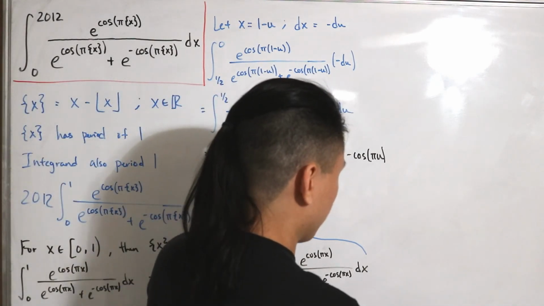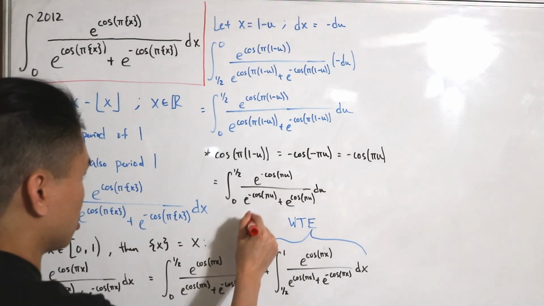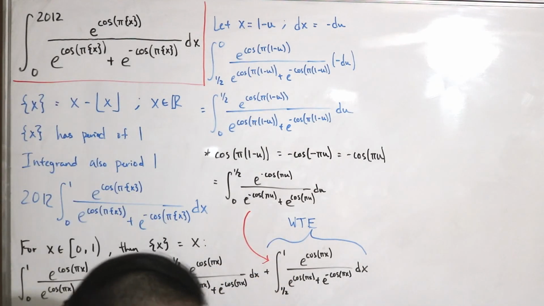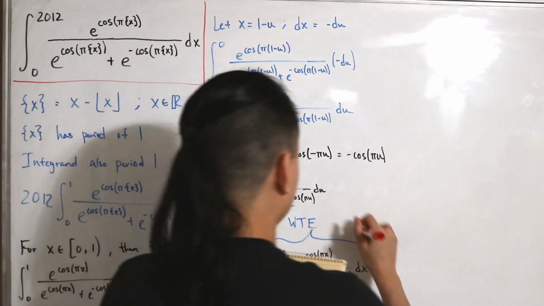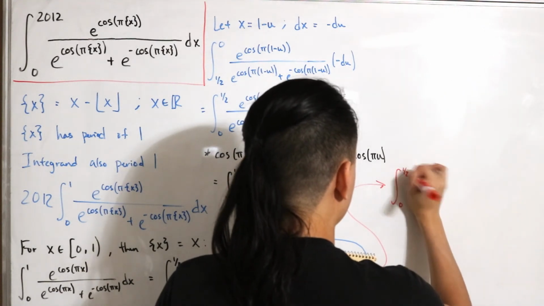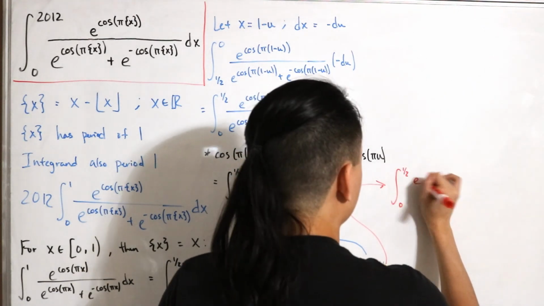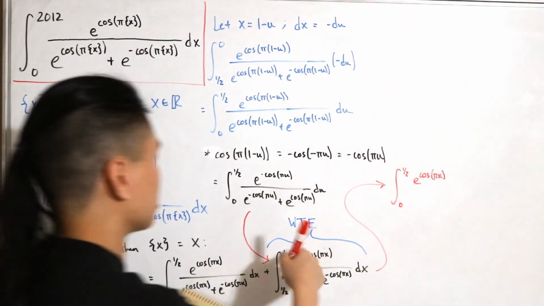linearity, which is great. Let me draw this arrow: here implies here. If I skip the substitution step, we can combine this together with linearity. Now we have our new integral from 0 to 1/2 of e to the power cosine of pi times x, and don't forget, u is just a dummy variable.